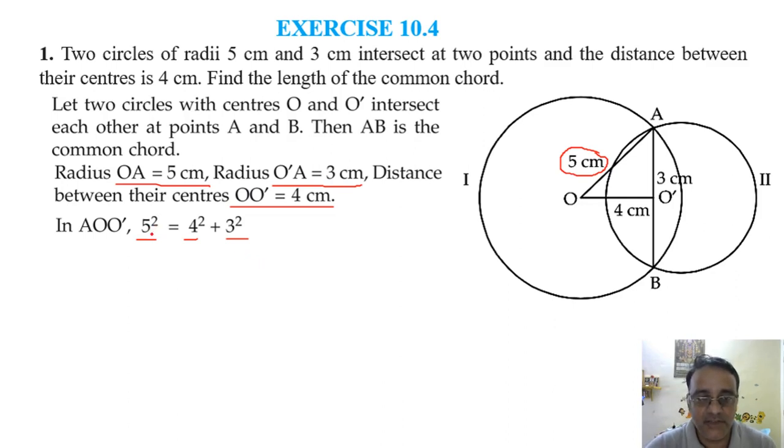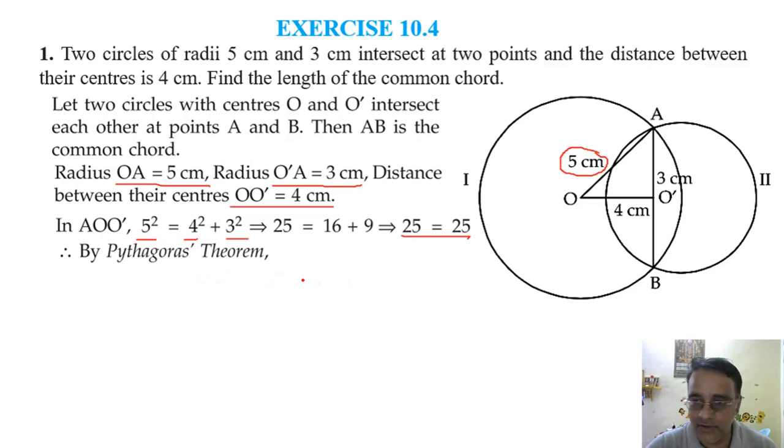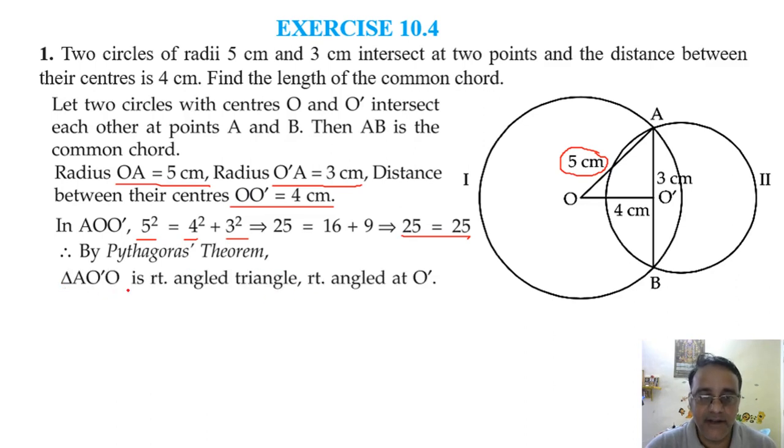So 5 square is 25, and 4 square is 16, and 3 square is 9. So 25 is equal to 16 plus 9. So both are equal to 25. So this will imply that by Pythagoras theorem, this triangle is a right angle triangle, right angled at O dash. Any doubt? No, sir. So ये angle हम लोग का मिल गया 90 degree.